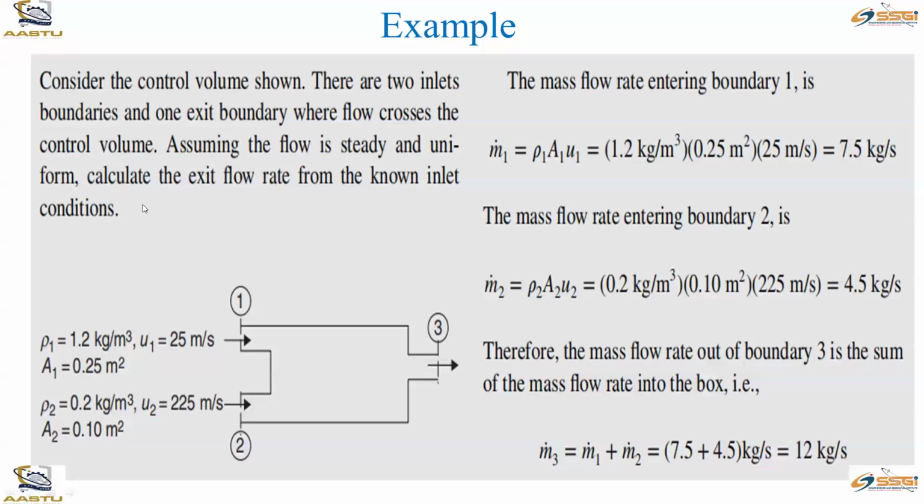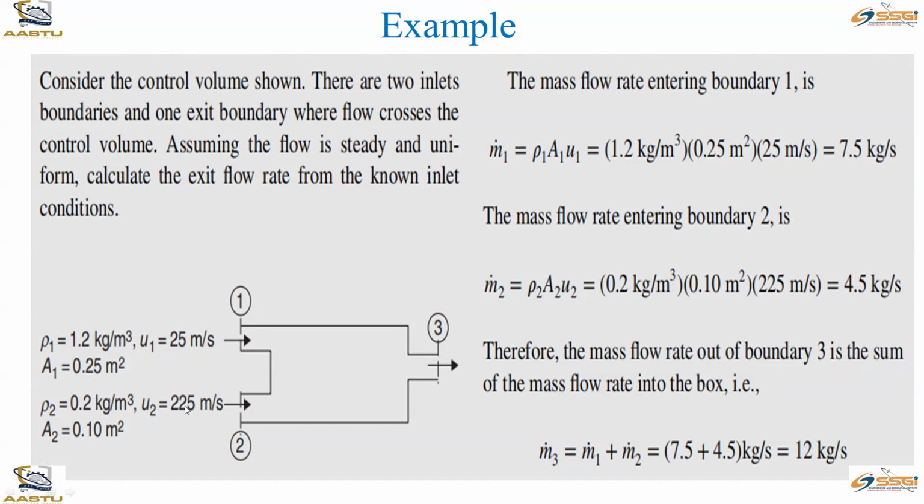Okay, consider a control volume shown here. There are two inlet boundaries, one inlet boundary here, another inlet boundary here. Through the first inlet, 25 meters per second is the flow velocity in the u direction. U direction means the x direction velocity.